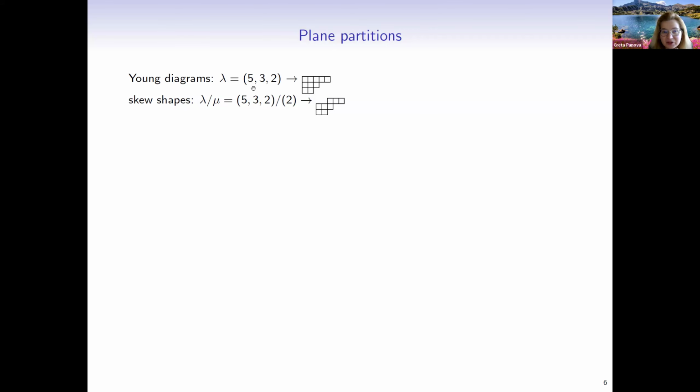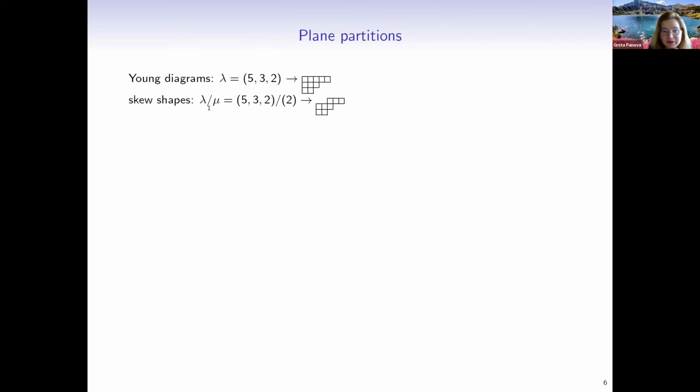If you take an integer partition, for example, here lambda is 5, 3, 2, you can make the Young diagram of that partition, which consists of lambda 1 boxes on the first row, lambda 2 boxes on the second row, and so on. So in this case 5, 3, and 2, and they are all left justified. Because the numbers of boxes are weakly decreasing, this border here is actually a lattice path that goes up and to the right.